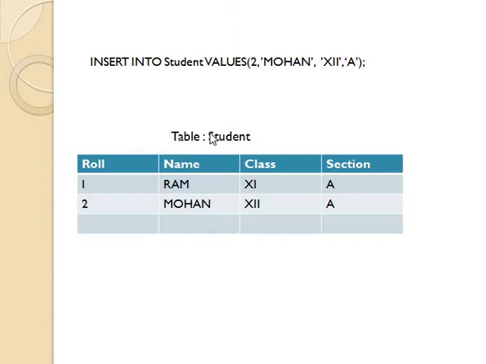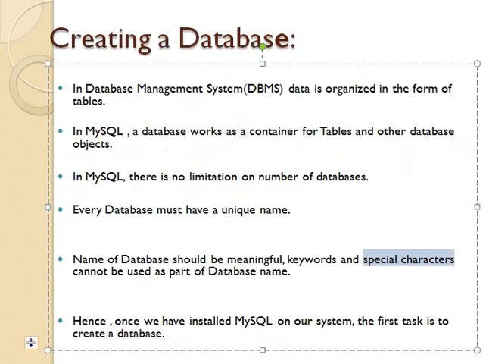That means you cannot specify the name of a table or a database starting with the dollar sign or the hash symbol, and you cannot put any question mark in the name of a database or a table, because these are special characters. And as per the rule of MySQL, you cannot use special characters as part of the database name.